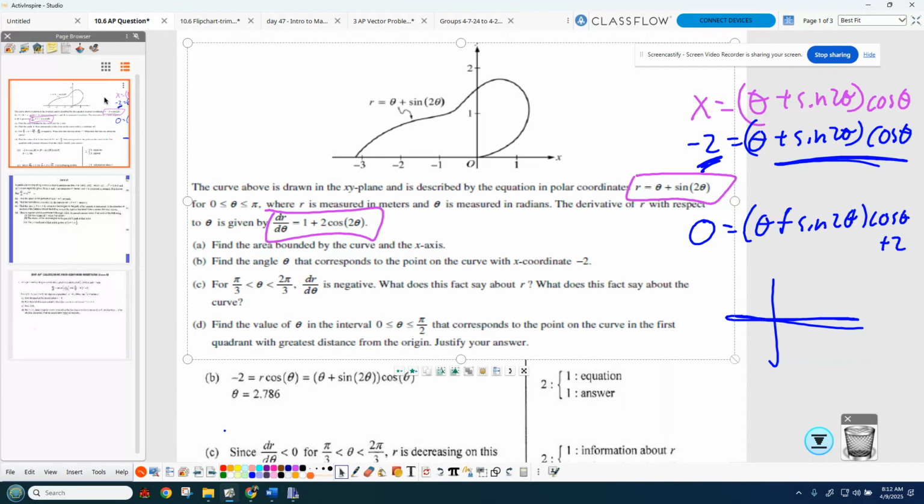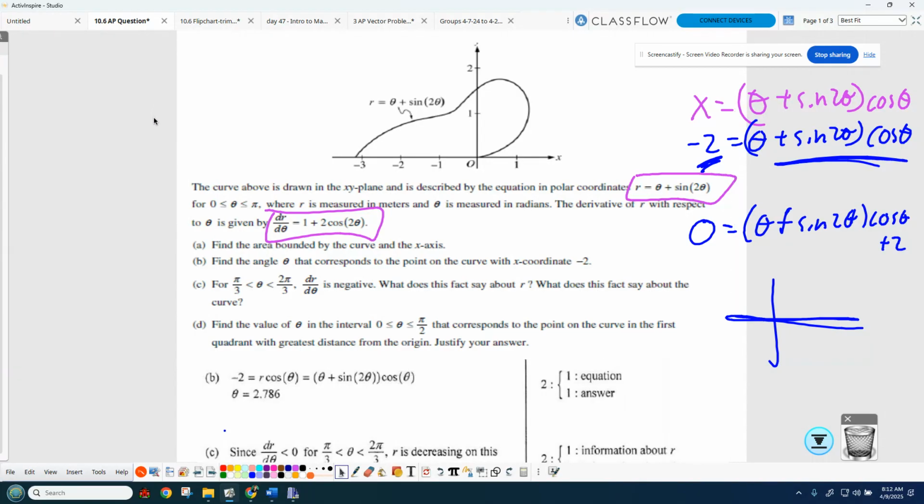Should we do the other side? Because I think it hits 0 twice. Let's see. It did hit 0 twice. Part B says, find the angle that corresponds.